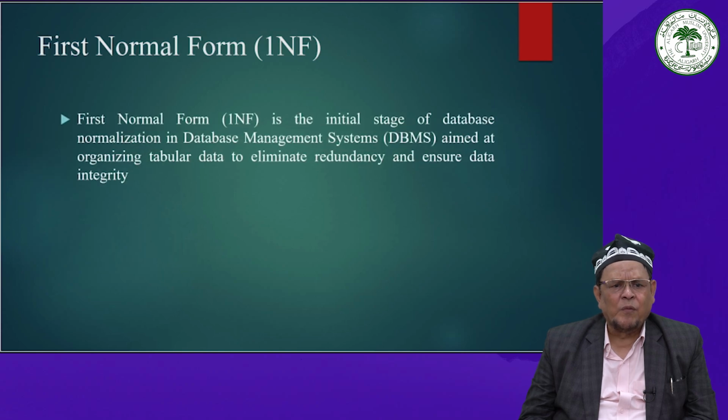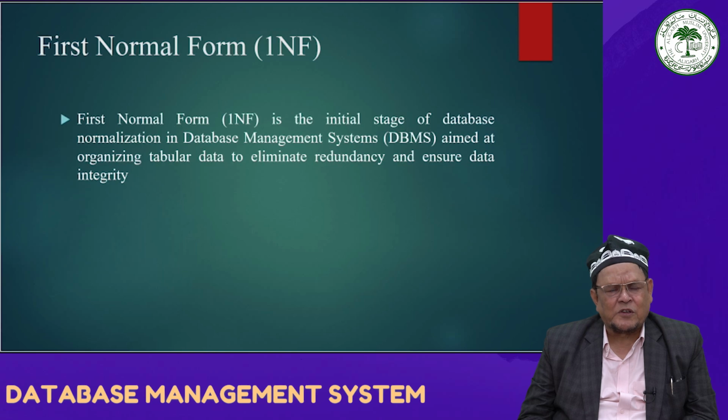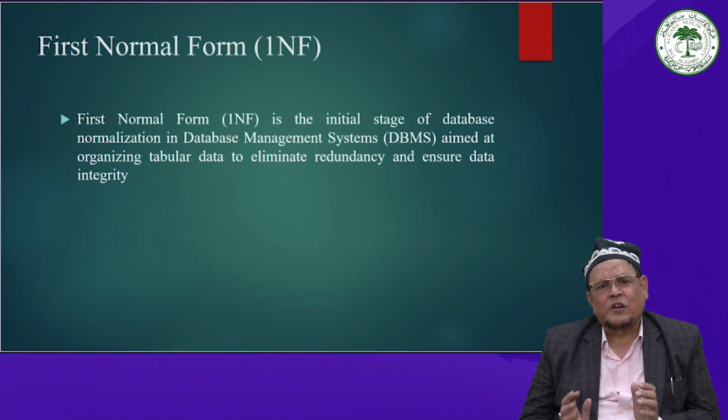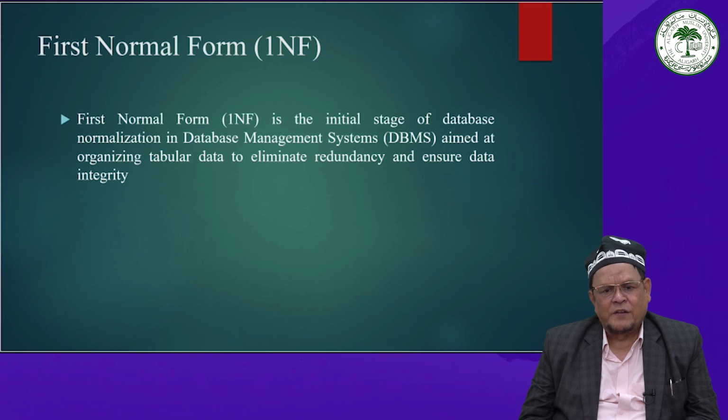First normal form is the initial stage of database normalization in a database management system, aimed at organizing tabular data to eliminate redundancy and ensure data integrity. In first NF, each table in the database must meet the following criteria. It must be atomic, and the attributes must not be further divided.